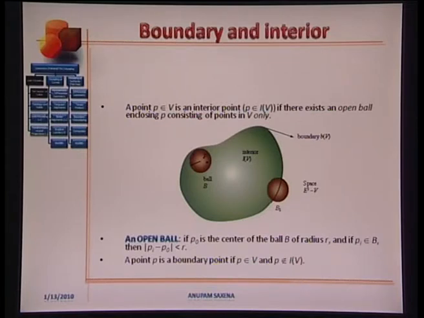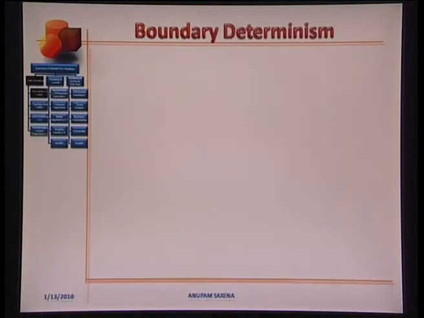No matter where you place the ball to enclose a boundary point, it will always include some points of the external space, which is the Euclidean space minus V. A point P is a boundary point if P belongs to V and P does not belong to IV. Boundary determinism.